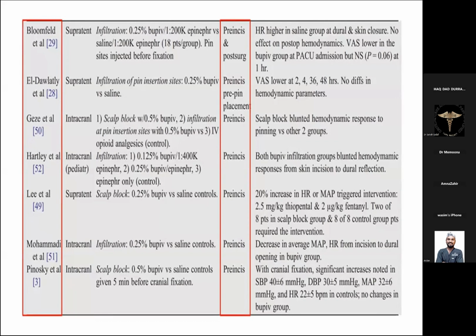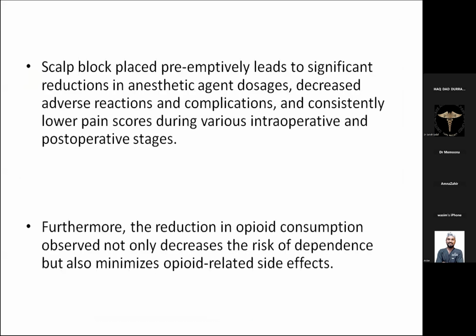Well, scalp block placed preemptively leads to significant reductions in anesthetic agent dosages, decreased adverse reactions and complications, and consistently lower pain scores during various intra and post-op stages. Furthermore, the reduction in opioid consumption observed not only decreases the risk of dependence, but also minimizes opioid-related side effects.